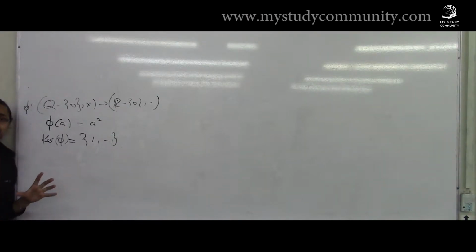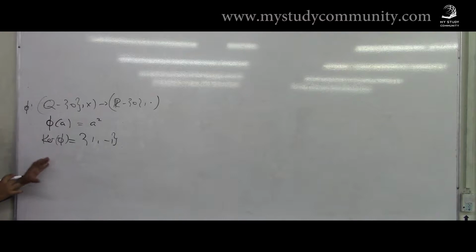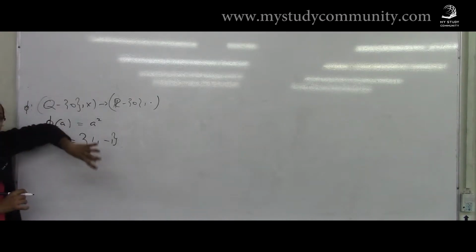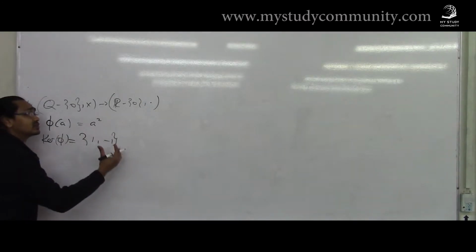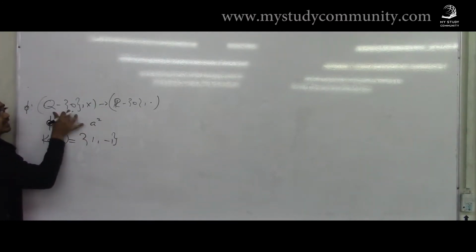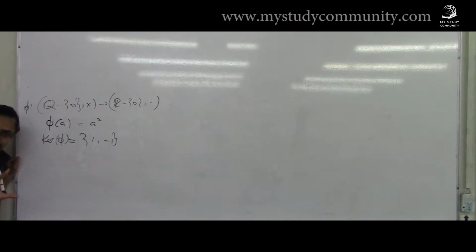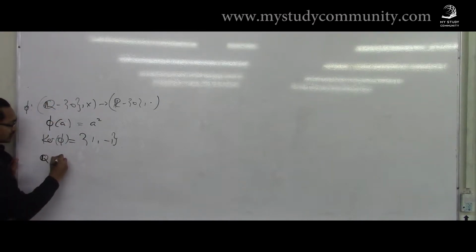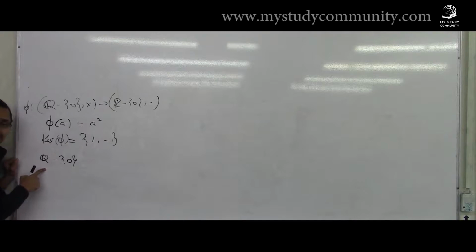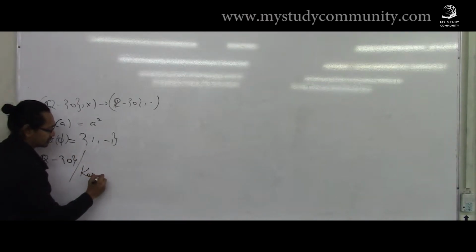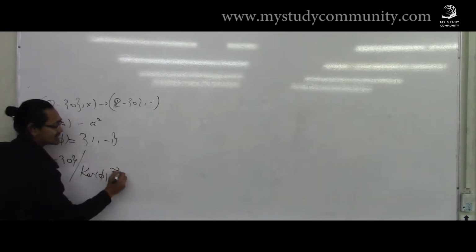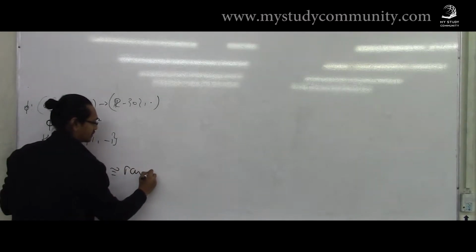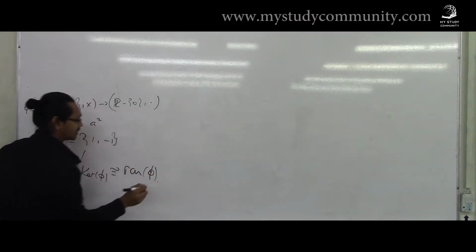Now I want to show that the factor group of Q minus 0 on the kernel of phi is isomorphic to the range of phi. So we'll go through and make sure we understand what it means. In other words, I want to show that the factor group of Q minus 0 on the kernel of phi is isomorphic to the range of phi.